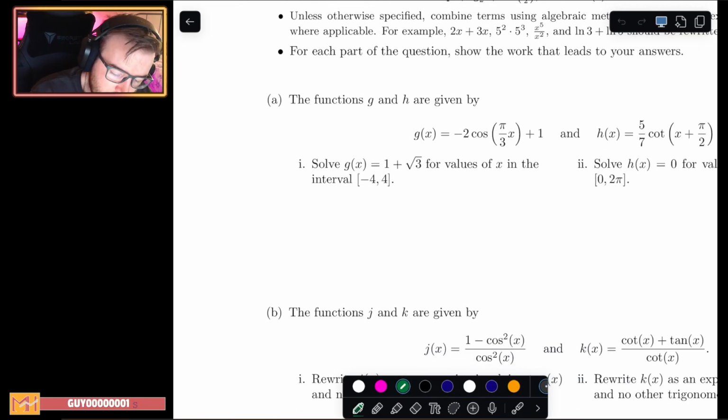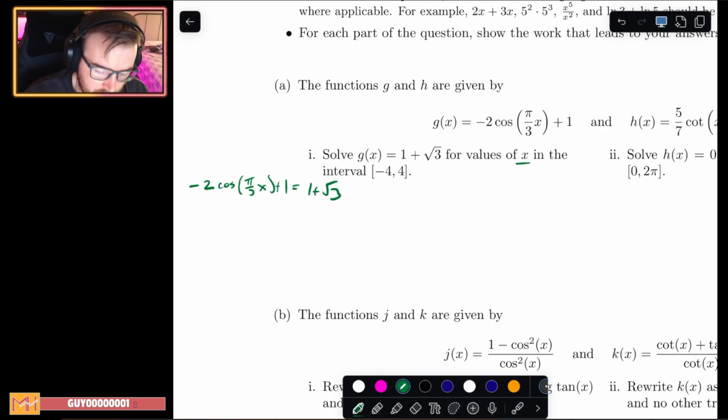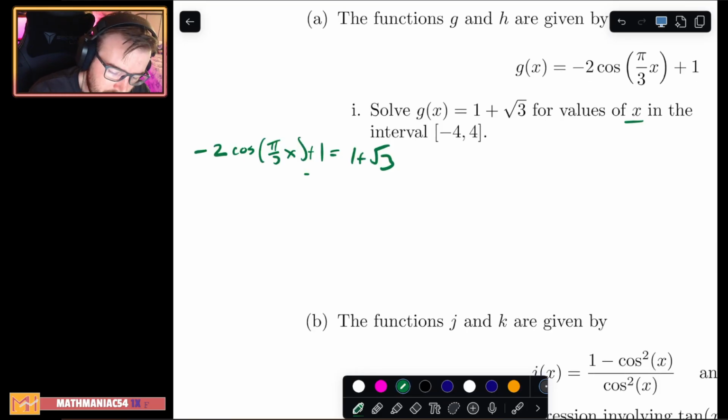So I am setting g equal to 1 plus root 3. I'm taking the function and setting it equal to 1 plus root 3, and we're trying to solve for the values of x. So to start here, I need to subtract 1.